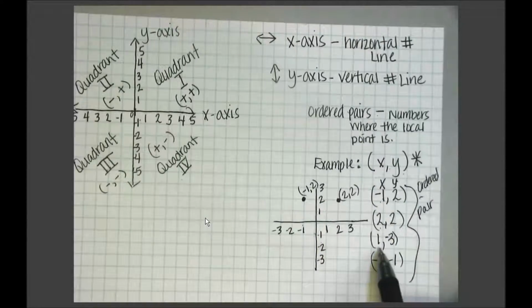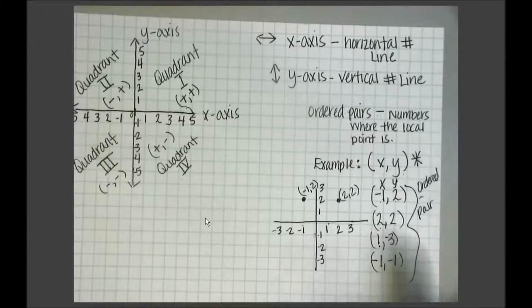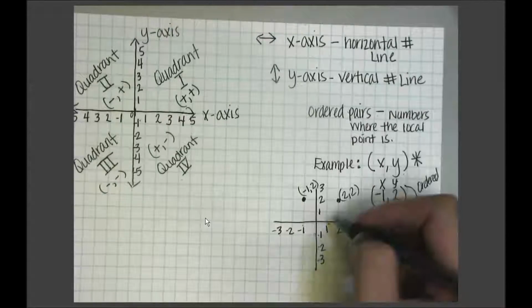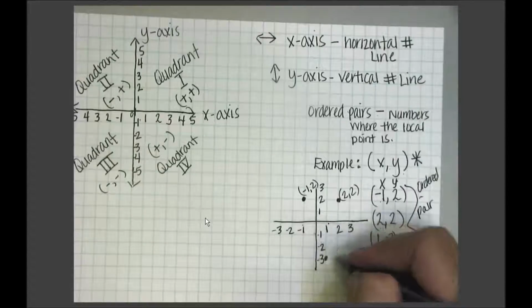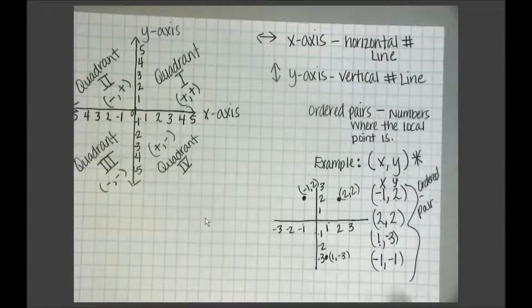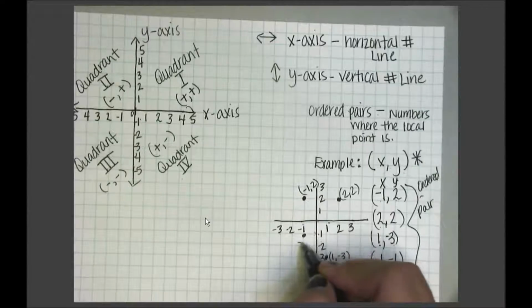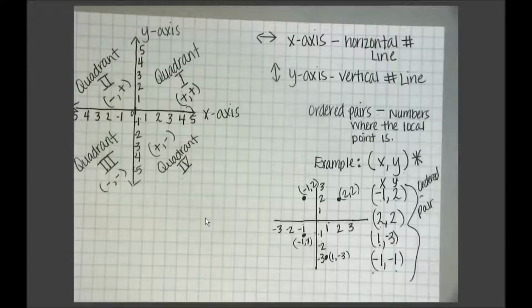Now here my X is positive, so I go over, but my Y is negative, so I'm going to go down. There's my next point. Now these two are both negative, so I know that I'm going to go over and down. And there's my fourth point. So I've just plotted 4 points on my graph.